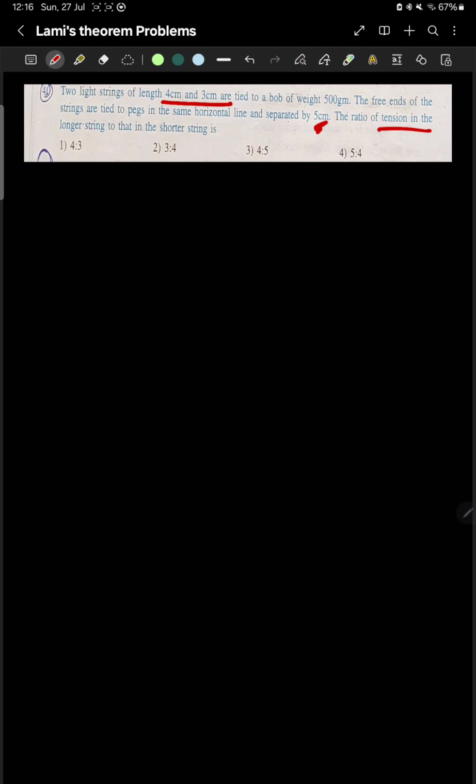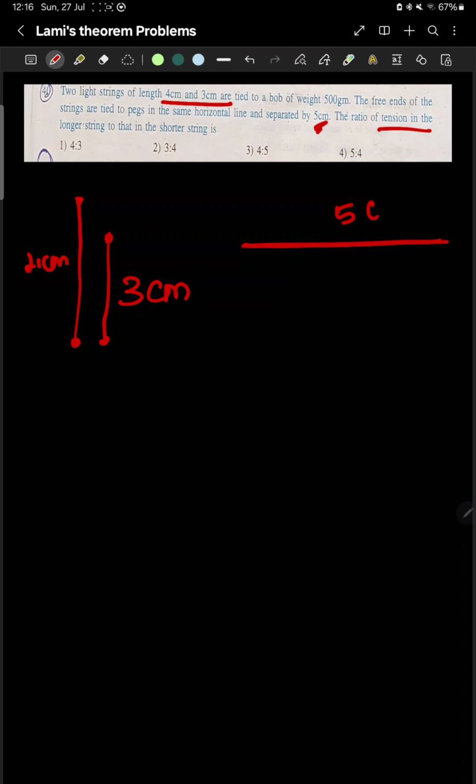So we are having two strings, one of length 4 centimeter and the other 3 centimeter. So obviously we are having a height difference like this. When I tie two different length strings, for example in this question itself, they have been separated by a distance of 5 centimeter.